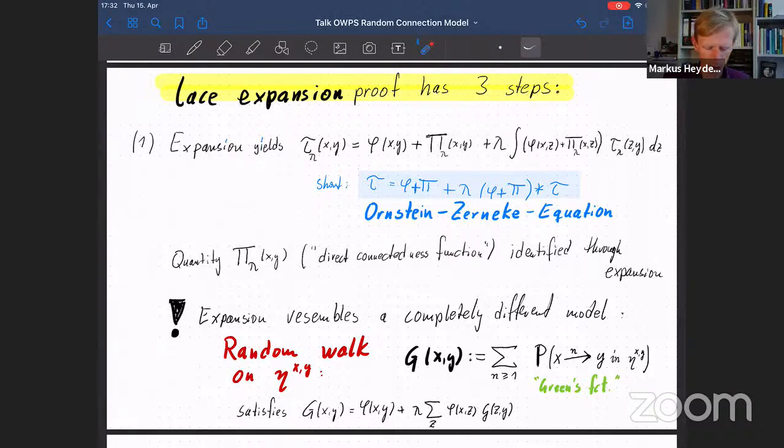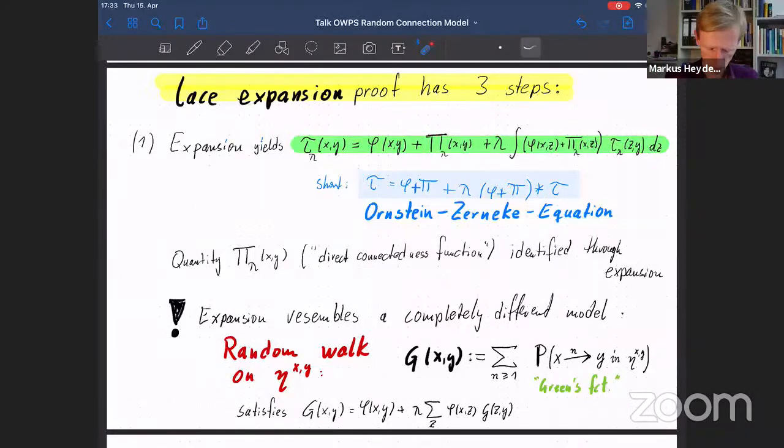So we want to derive an expansion of the 2-point function. It's an expansion of the following form. The tau(x,y), you remember that was the 2-point function, the probability that 2 points x and y are connected via a path, is given as a sum of a number of objects. The first thing is phi(x,y). Phi(x,y) means there's a direct edge between the 2 points. That's always possible.